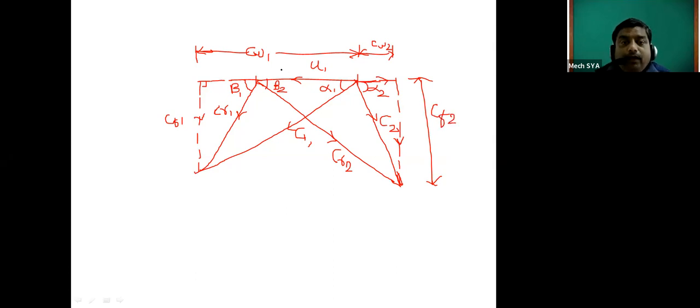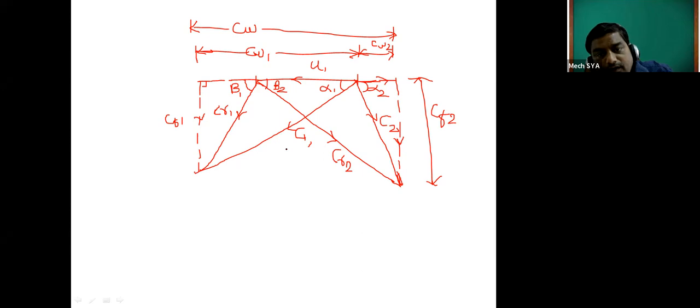Both whirl components are in opposite directions, so the resultant, the whirl velocity, which we call CW, is the sum of CW1 and CW2. This is the common velocity triangle diagram. Alpha 1 is the nozzle angle at inlet.